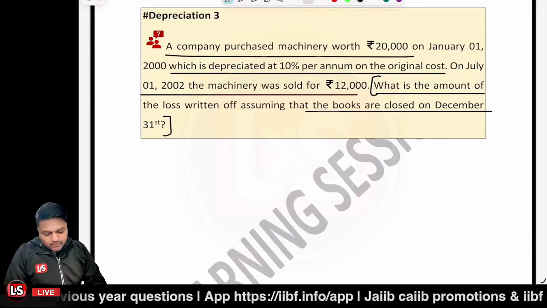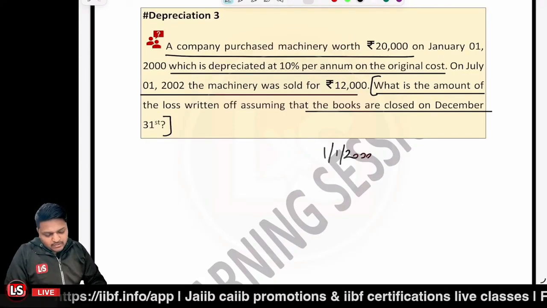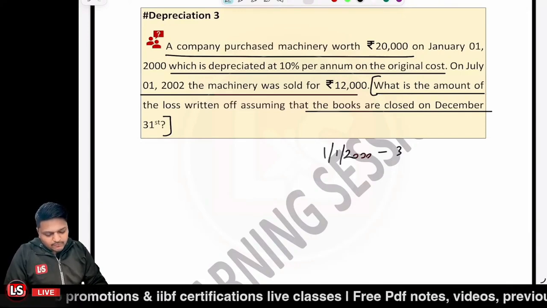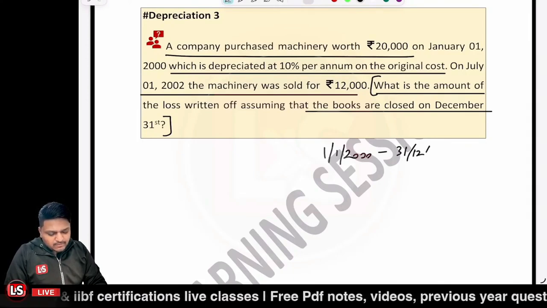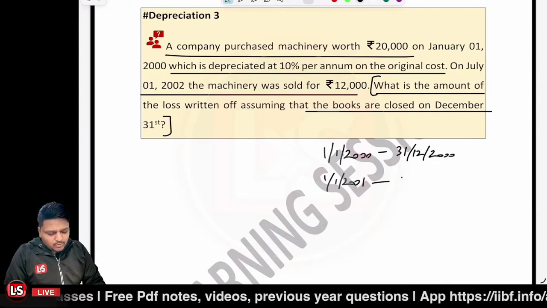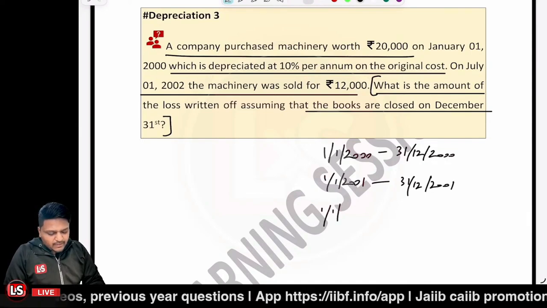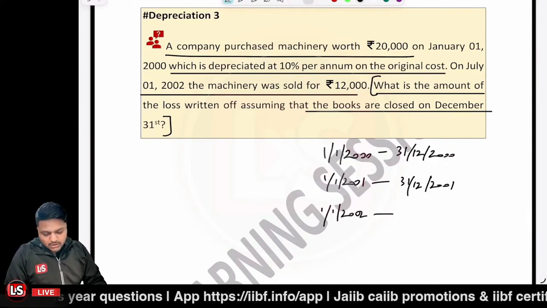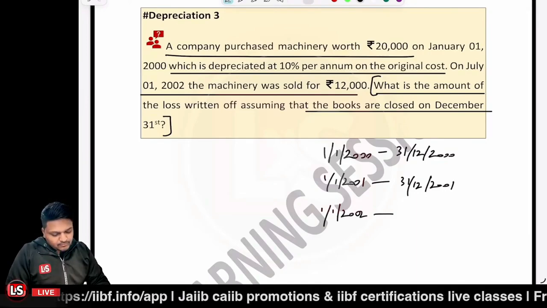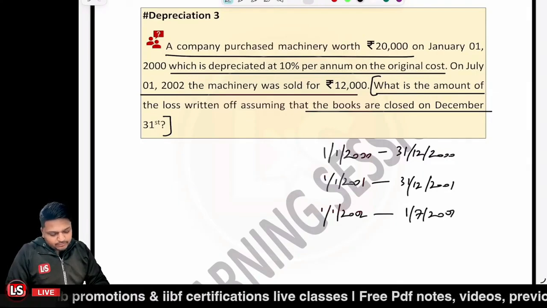So we purchased the asset on 1st of January 2000, right? And we sold it on July 1, 2002. So 1st of January onwards till 31st of December 2000. 1st of January 2001 to 31st of December 2001. 1st of January 2002 onward to July 1, 2002.